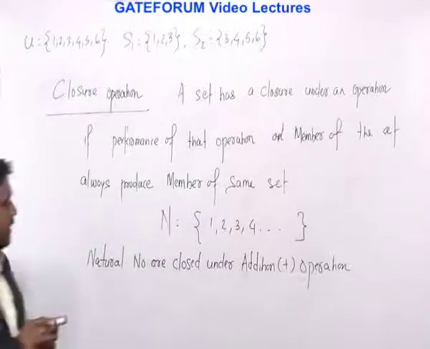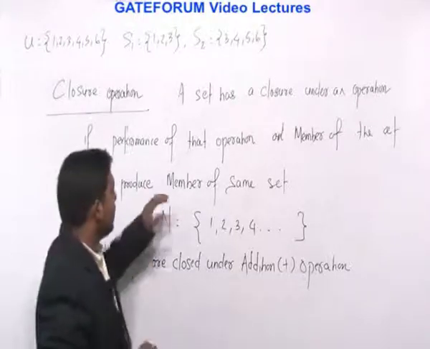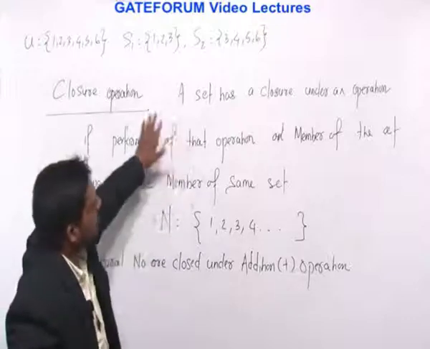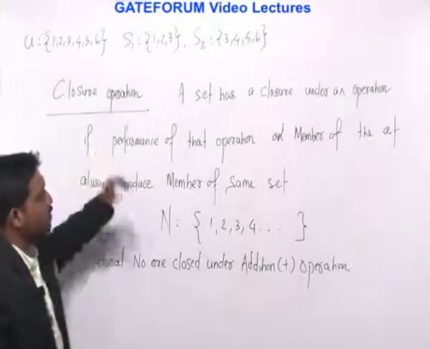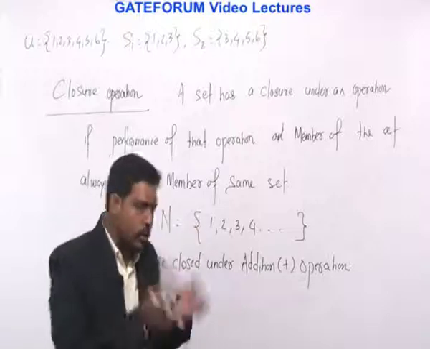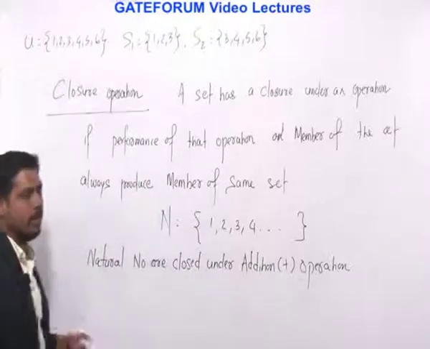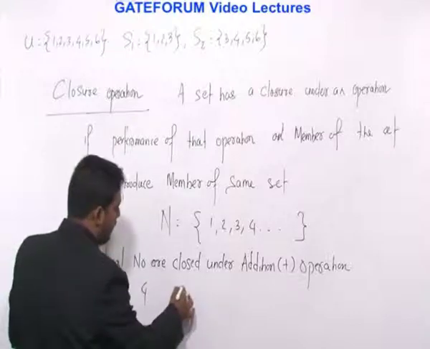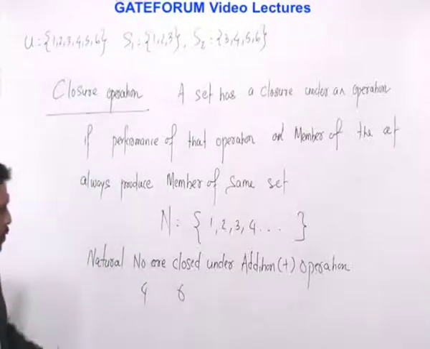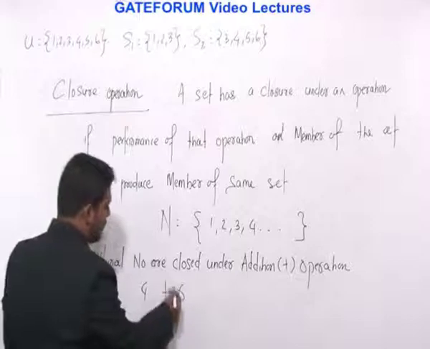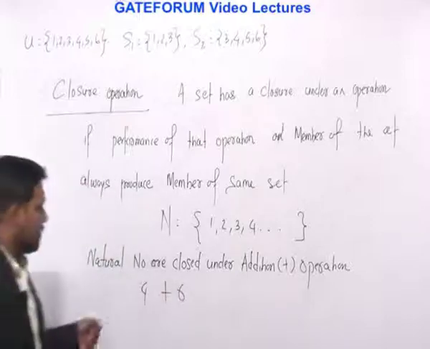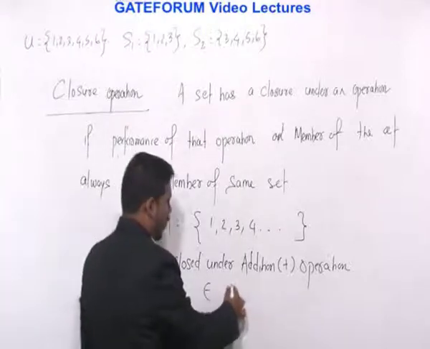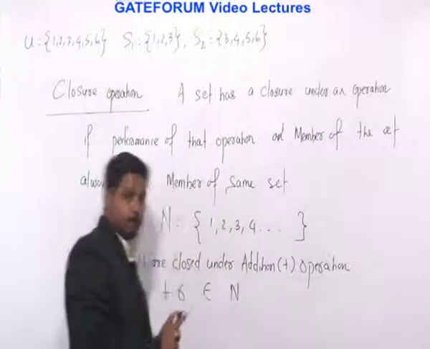Now what is this statement saying? A set is closed under an operation if performance of the operation on members of it gives a member. So you take two random members of the natural numbers, 4 and let's say 6, and perform the operation 4 plus 6. The result should always be an element of N. No contradiction.